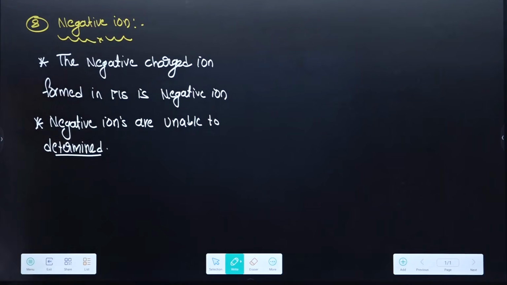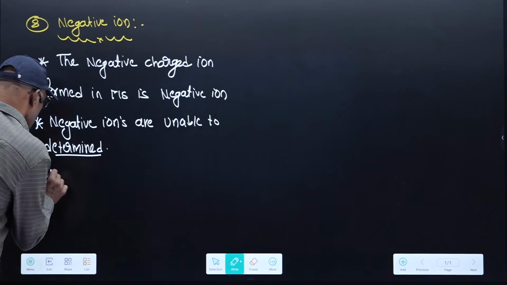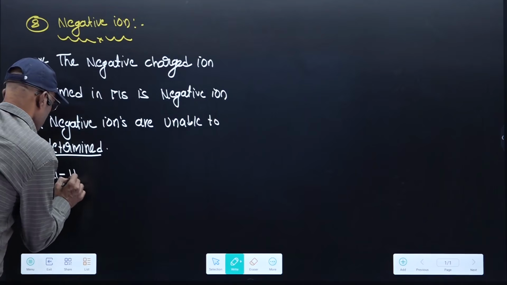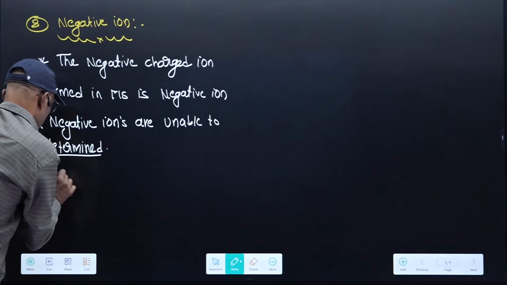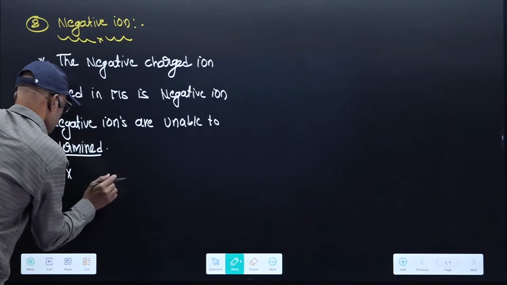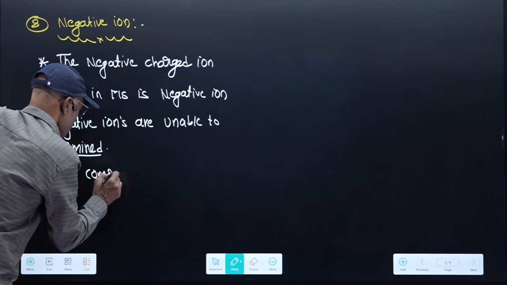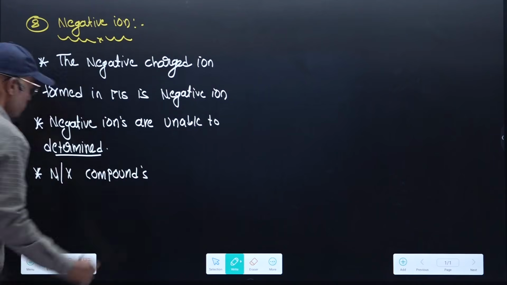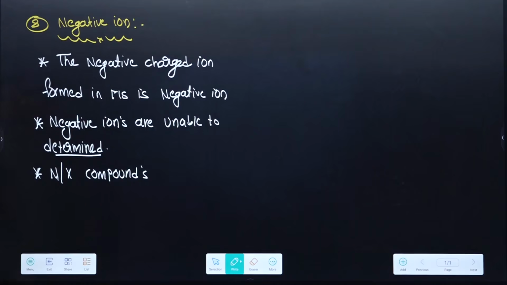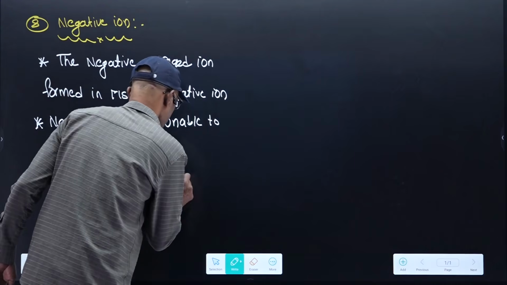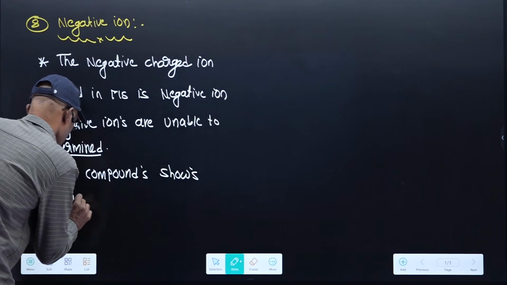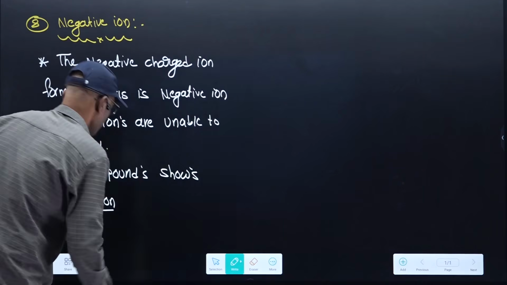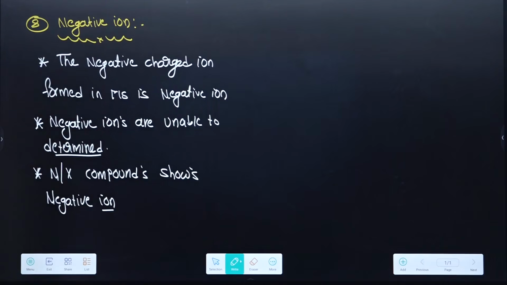We can't identify negatively charged ions in mass spectrometry. So especially nitrogen or halogen compounds, N or X, show negative ions. These will show negative ions during absorption of an electron by electron impact.